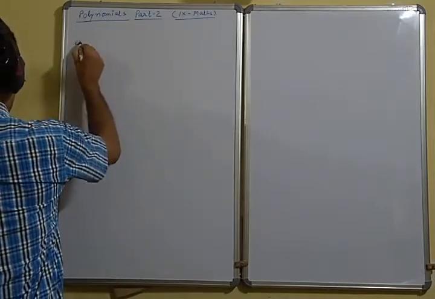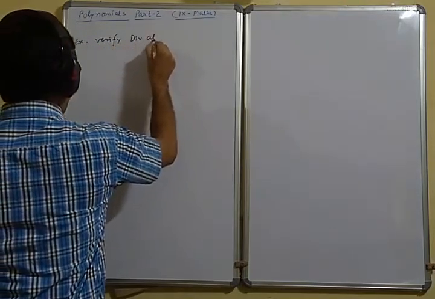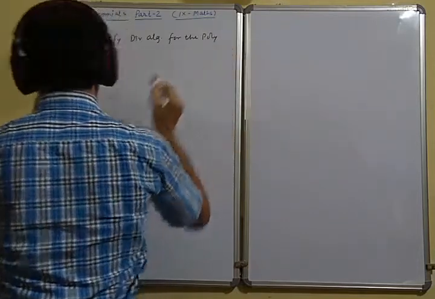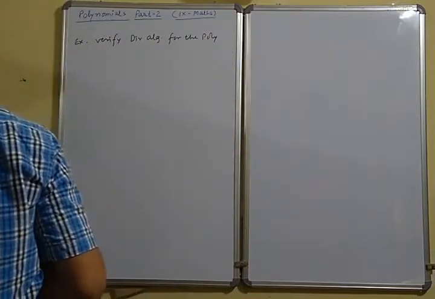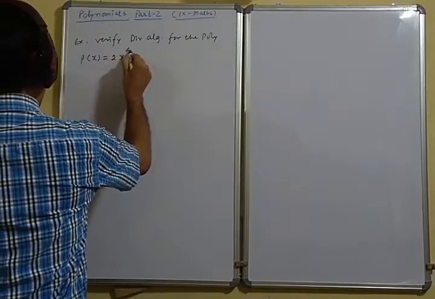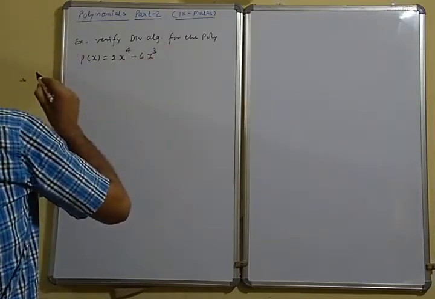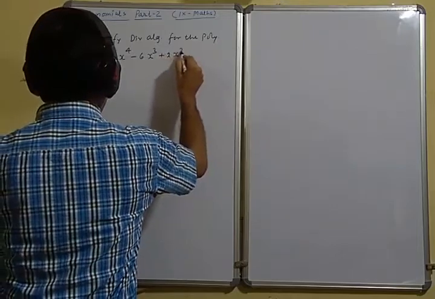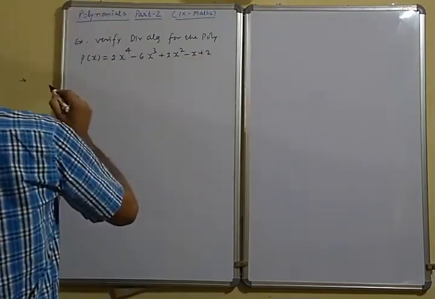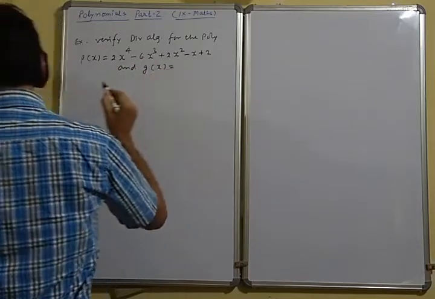Verified example. Verify the division algorithm for the polynomial P(x) that is equal to 2x raised to power 4 minus 6x cube plus 2x square minus x plus 2, and g(x) is x plus 2.